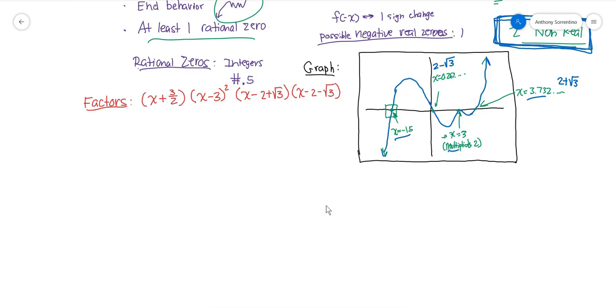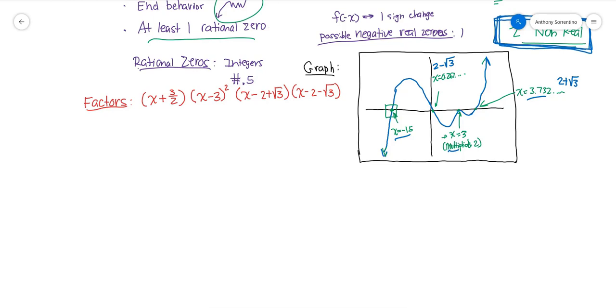Those would give me 2 minus square root 3 and 2 plus square root 3 as my other zeros, respectively. I need to divide these out of f of x, because that's going to take my degree 7 polynomial. These will account for 5 of those degrees.